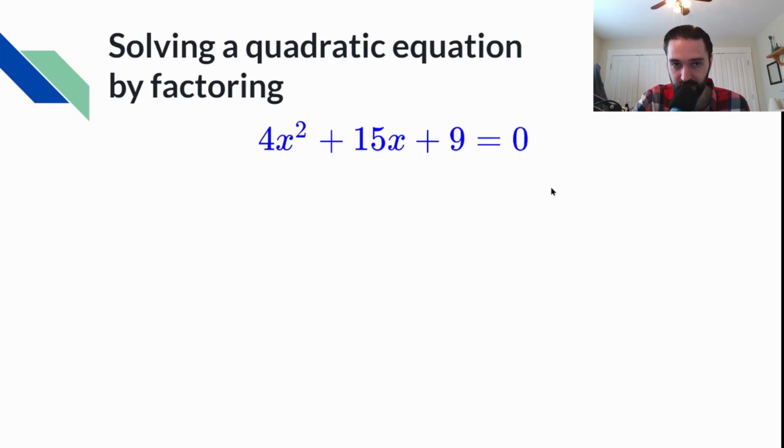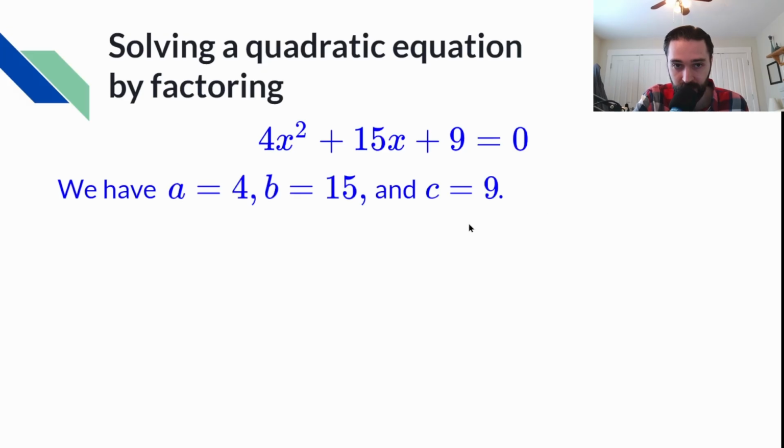Let's try one more example. The left-hand side here is factorable, but this problem is harder. It's harder to factor this because the lead coefficient a is not equal to 1. Whenever we have a trinomial that looks like this, the best way to factor it is to use the AC method.